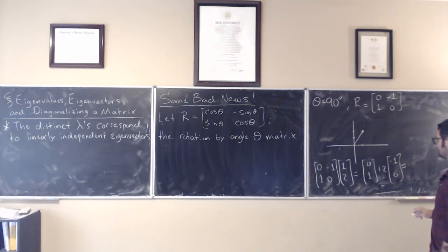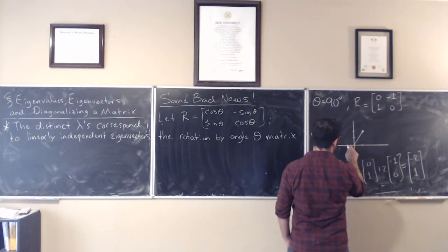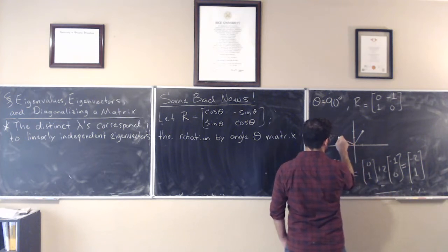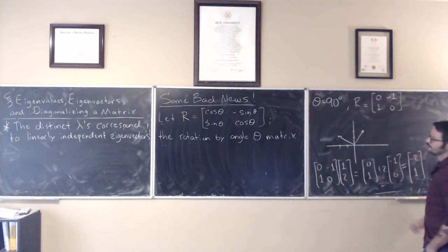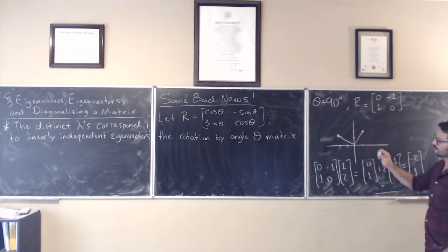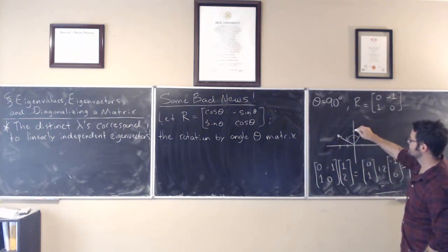So what do we get? -2, 1. There's the resulting vector after matrix multiplication, and we have rotated that vector by 90 degrees.